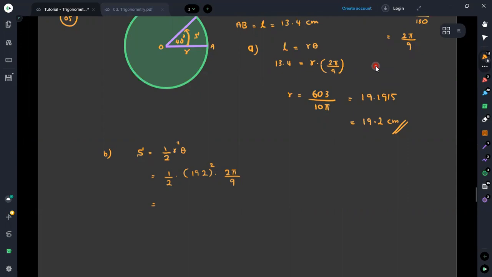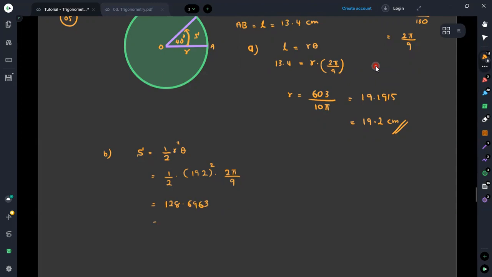It is half times 19.2 squared, then multiplied by 2 times pi, instead of pi we use 3.142, then divide it by 9. We get the value as 128.6963.